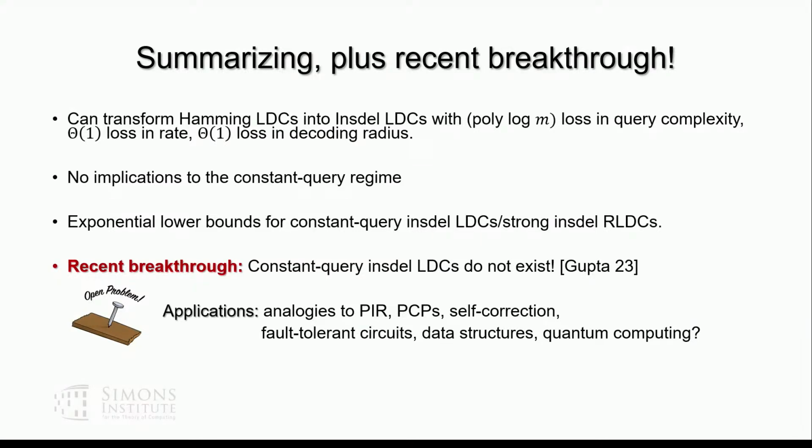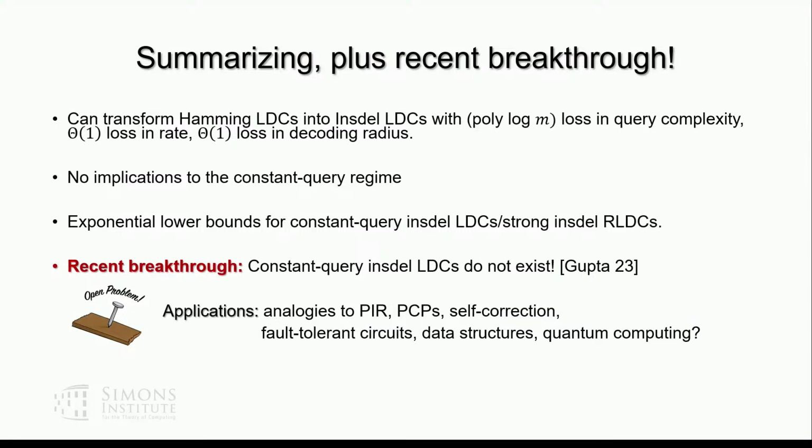So quickly summarizing what we've seen so far, you can transform a Hamming LDC into an insdel LDC with a polylog M blow up, but constant loss in rate and distance. This has no implication in the constant query regime, but we now have results that are exponential lower bounds for constant query LDCs. And in that paper, we actually conjectured that there do not exist constant query LDCs.